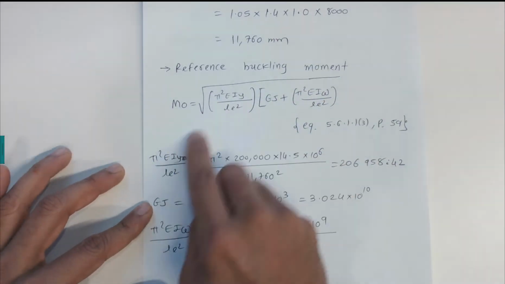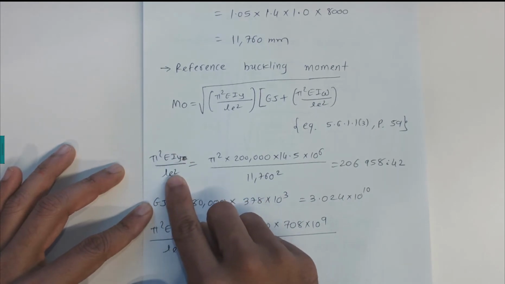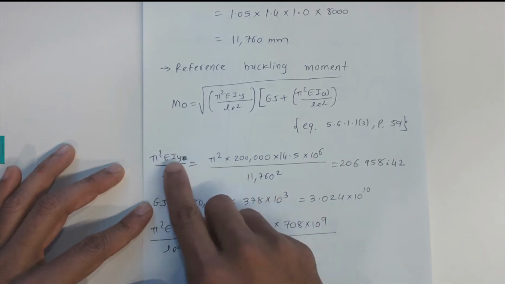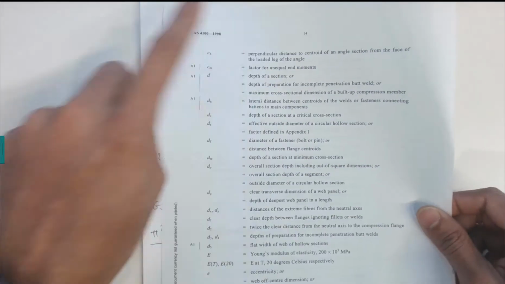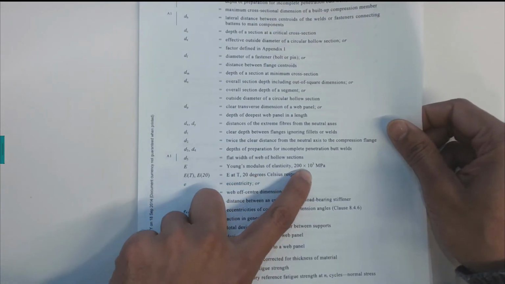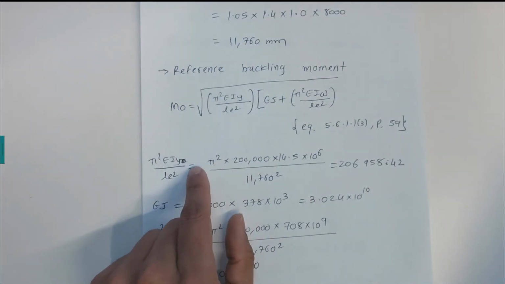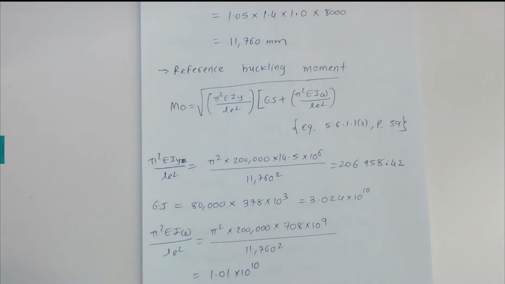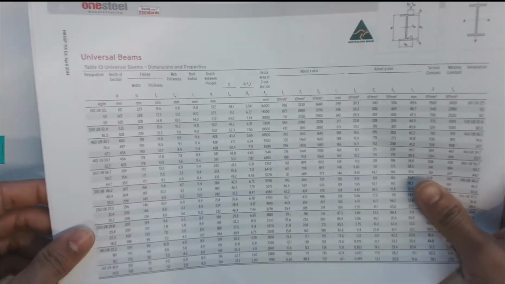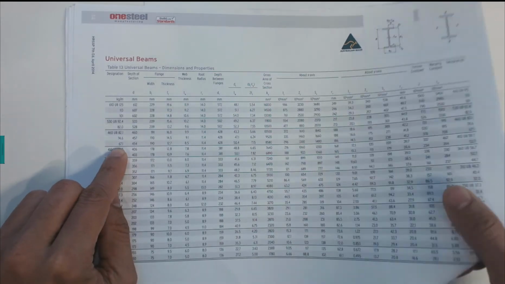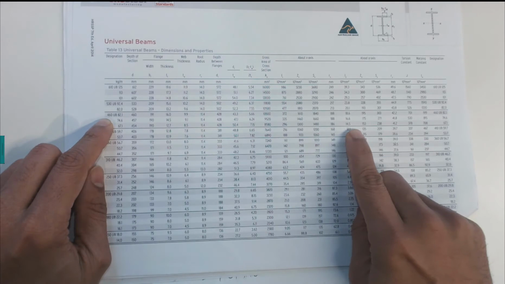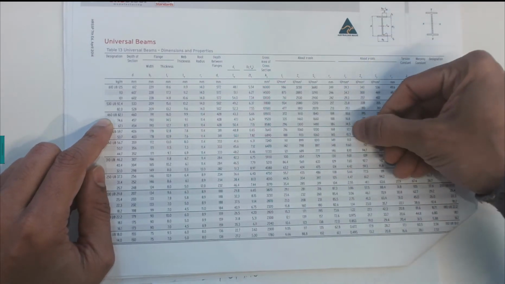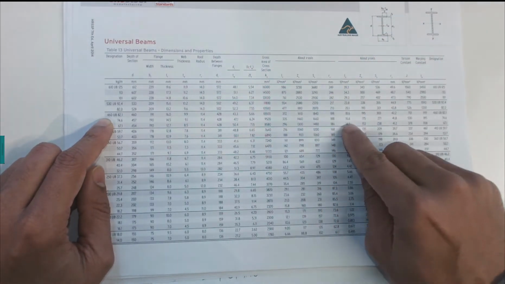Here, first I'm going to calculate pi squared E Iy over Le squared. E is the Young's modulus of the steel. In the Australian Standard AS 4100, on page number 14, the Young's modulus of the steel is given as 200,000 MPa. Iy is given in the OneSteel table for the 460 UB 67.1, and the Iy value is 14.5, and please note there is a 10 to the power 6 multiplication.